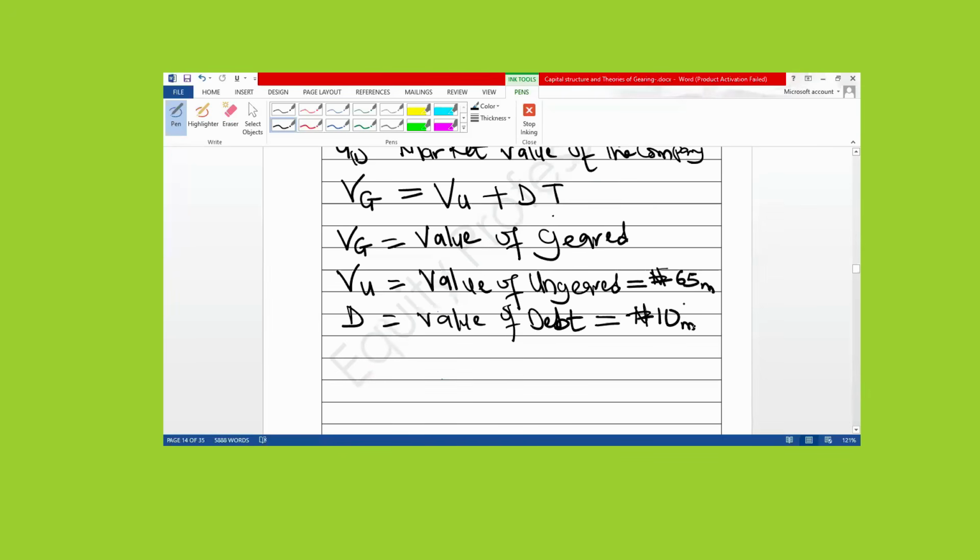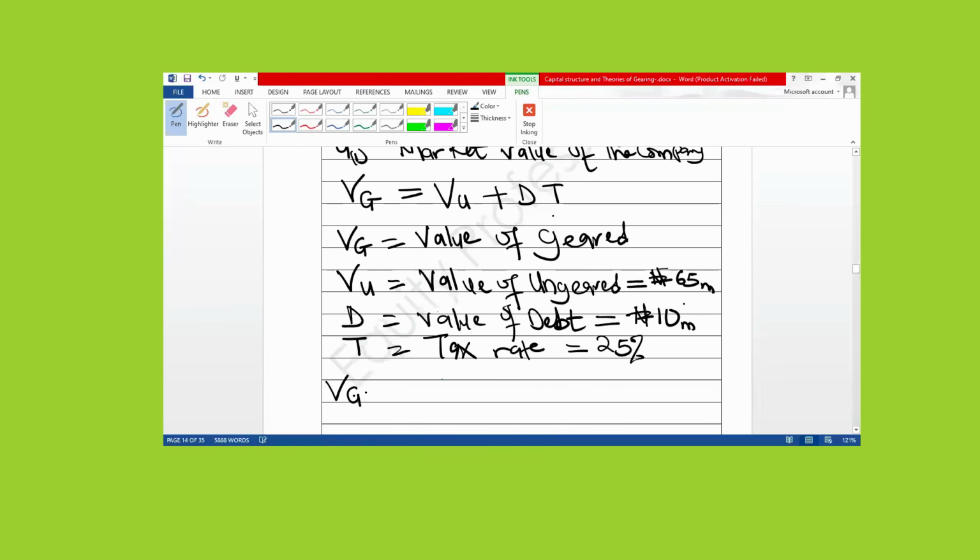That bond must also be 10 million. That is the assumption of Modigliani and Miller. Your letter T, that is tax rate, 25%.